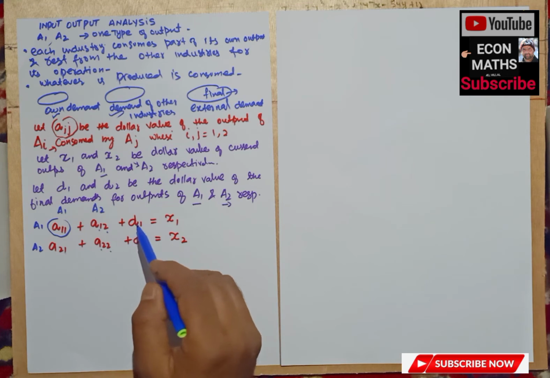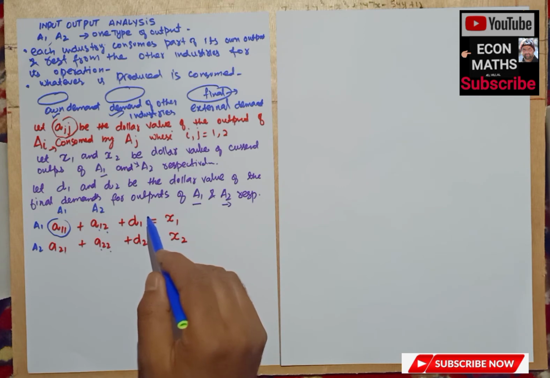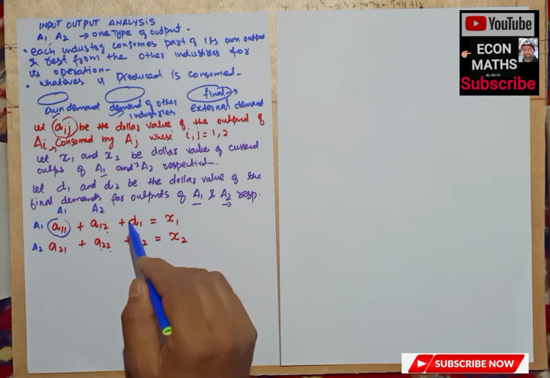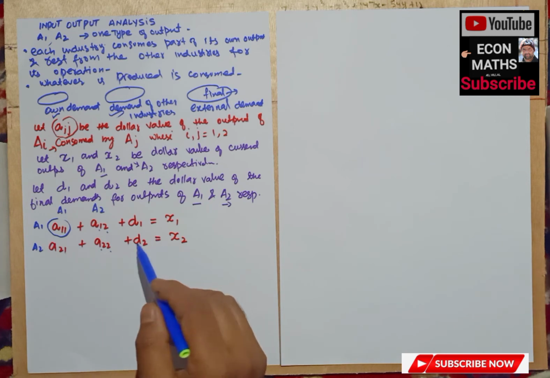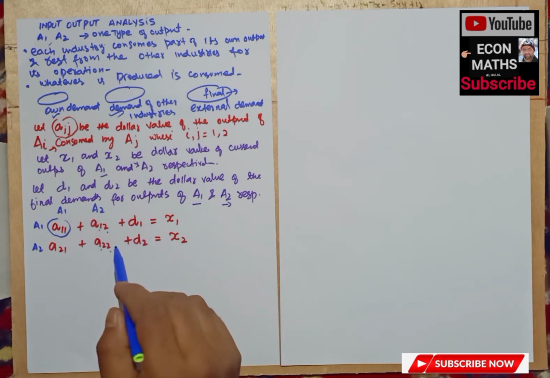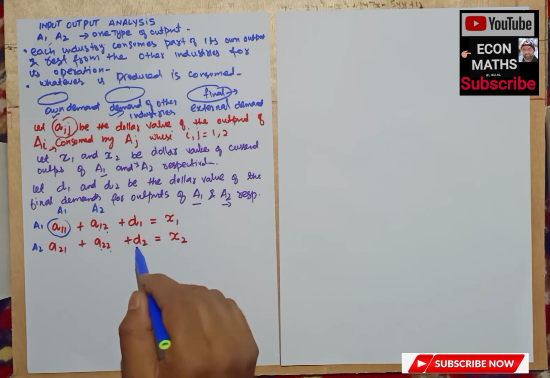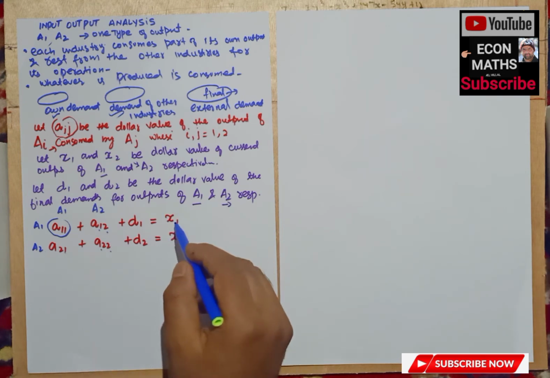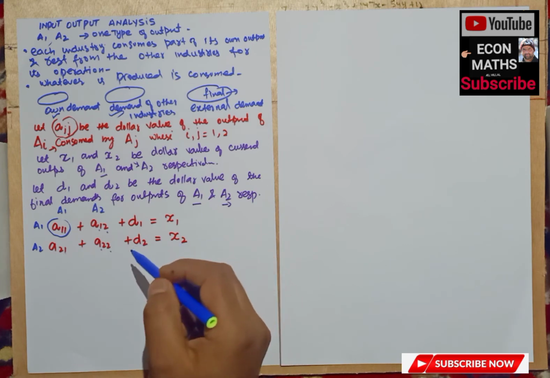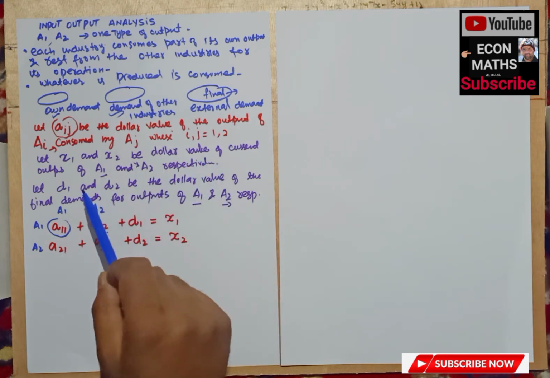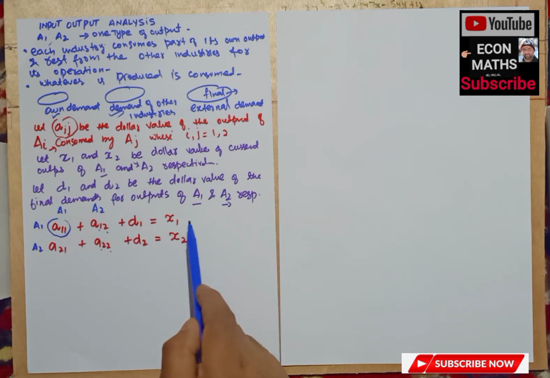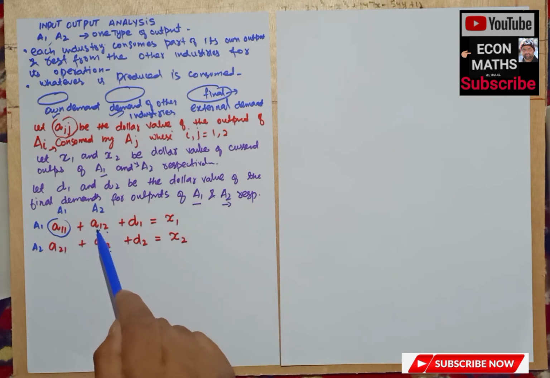Similarly, here D1 and D2 are the dollar values of the final demands for outputs of industry A1, and D2 is the dollar value of the final demand for output of industry A2. And X1 and X2, which we have shown, are the dollar values of the current output of industry A1 and A2. So X1 is equal to A11 plus A12 plus D1.